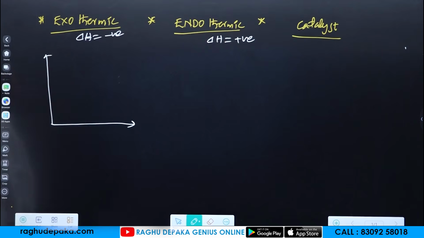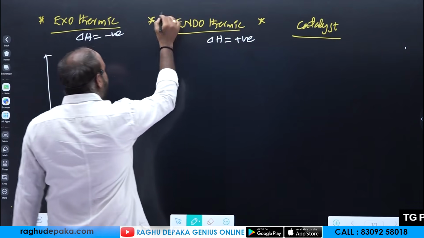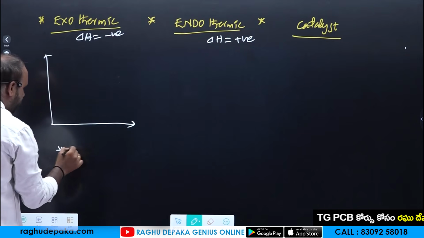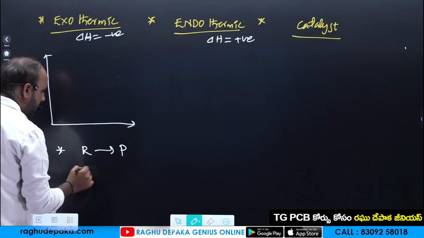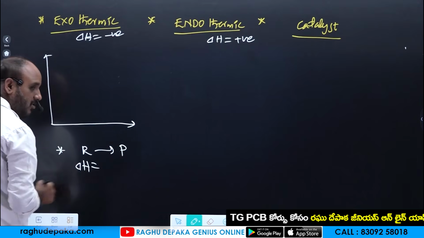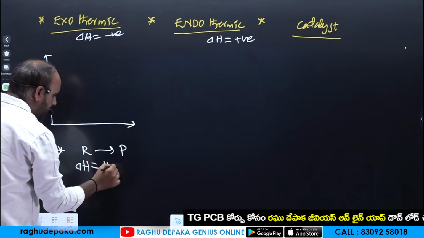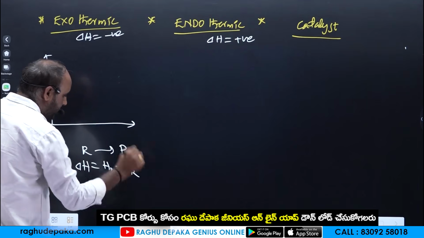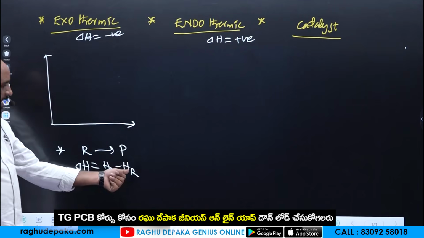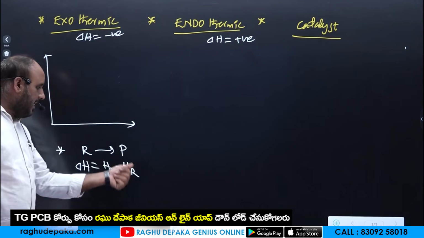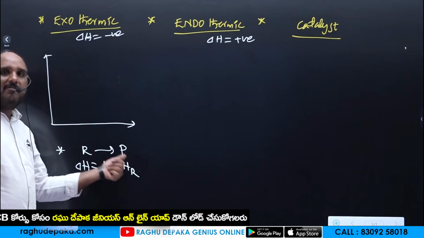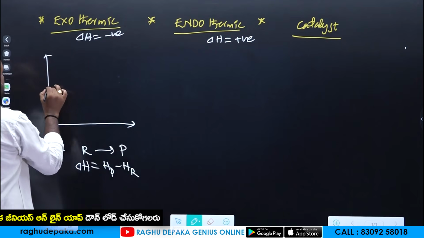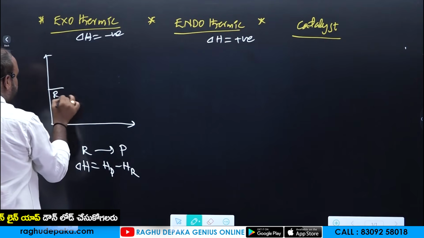What is meant by delta H for a general reaction? I am going to write here: reactants are converted to products. Delta H, the change of enthalpy, is the enthalpy of products minus the enthalpy of reactants. When we get a negative value, the reactants' enthalpy is more, meaning the energy of reactants is more.